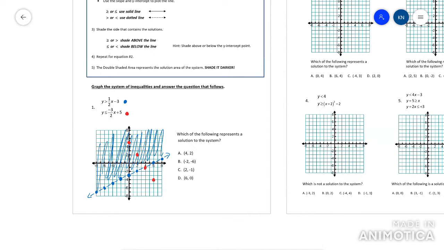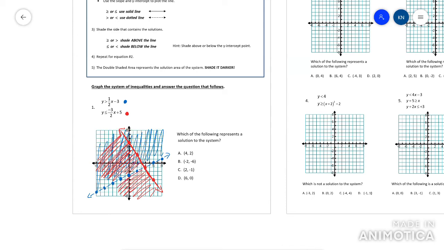So that means this line is going to be solid, like this. And then the inequality says less than or equal to, so that's everything below the line. So it's all this. Right, so the part where they both are shaded would be this section right here.